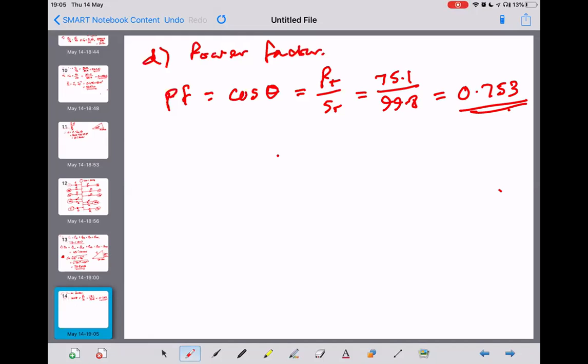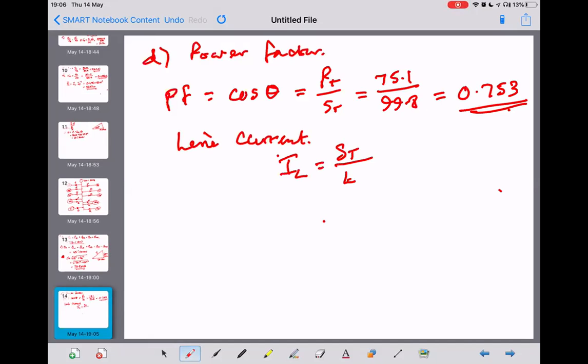Okay, and the line current? So for the line current, I've called it IL, equals ST over E, because that's the line current, really.